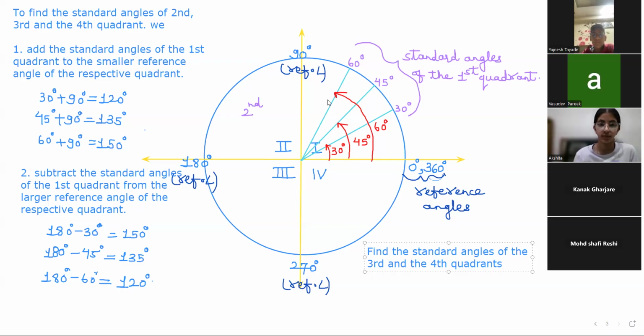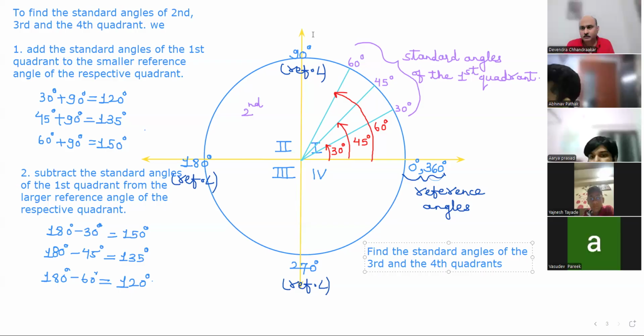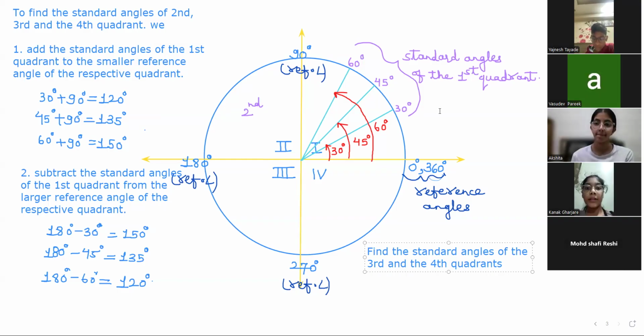Very good, Kanak, for fourth quadrant. Yajnesh, very good. You got it for third one. Do it for fourth one, Yajnesh. Rest of you who have still not, Mohammad Shafi. Chalo, shabash. So, meanwhile, now you can make notes quickly. Write it.